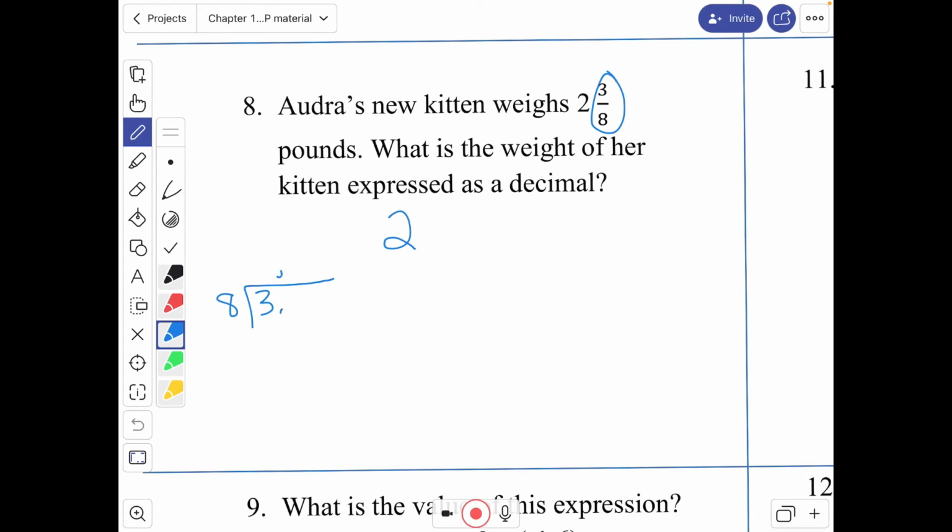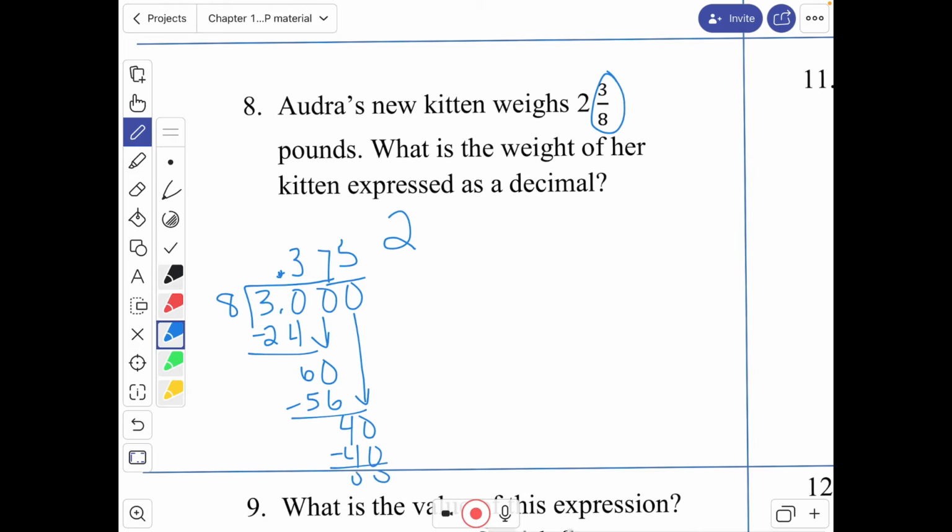Man, horse. 8 goes into 30 3 times. 8 goes into 60 7 times. 8 goes into 40 5 times. Nothing left over, so this is 2.375.